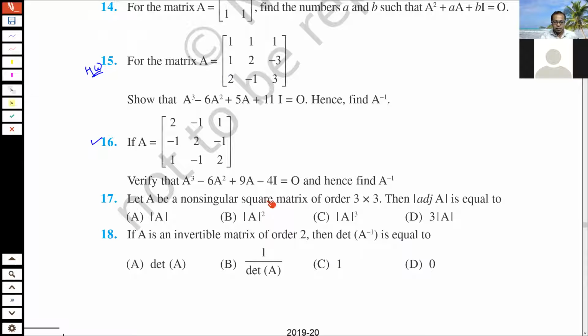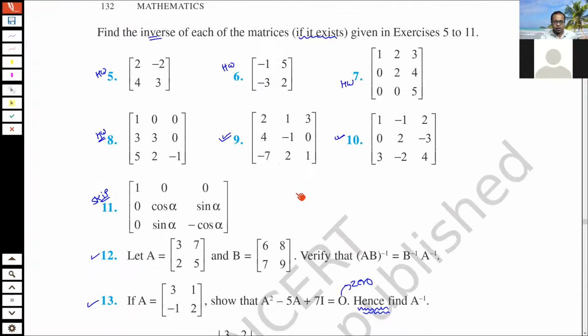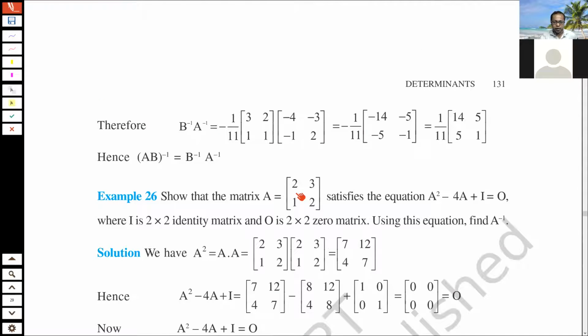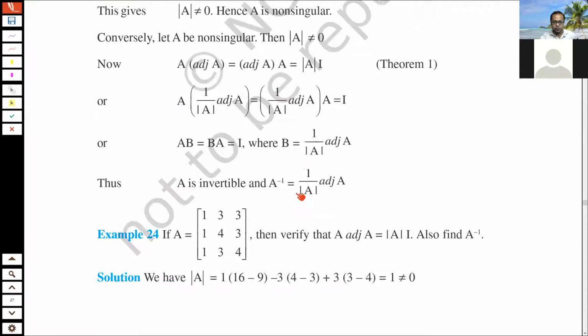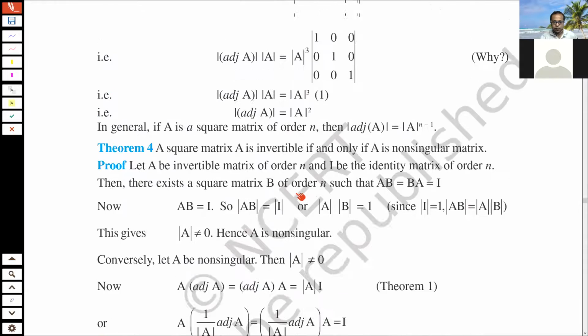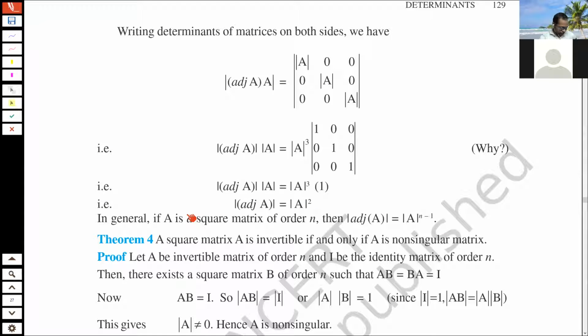Before we start question number 17, we need to understand one property. So I request you to consider this property. What this says is that if A is a square matrix of the order n, then determinant of adjoint of A will be nothing but determinant of A to the power n minus 1.